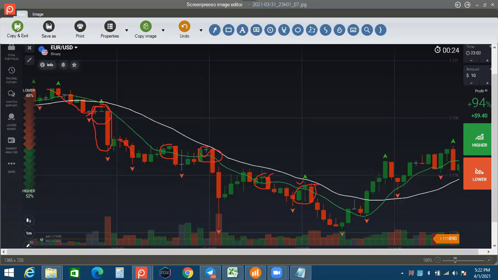So what will be your entry point? This is your test, right? Now you see here, this evening star is near to the SMA 21. Yes, sir.